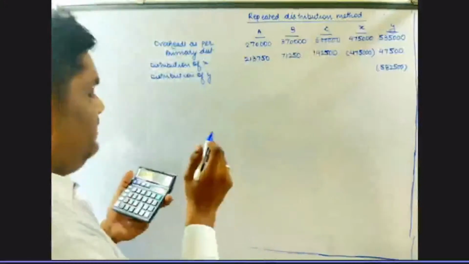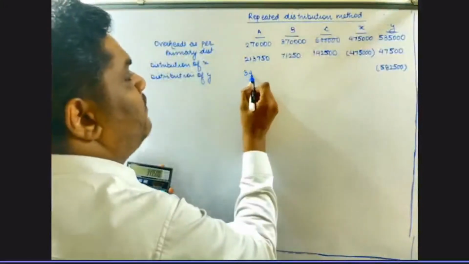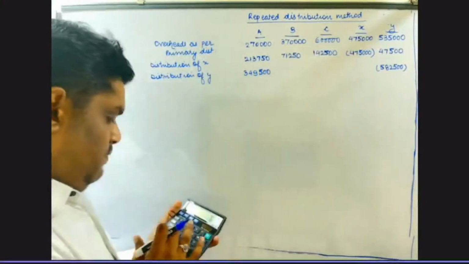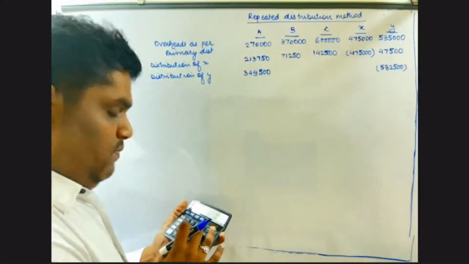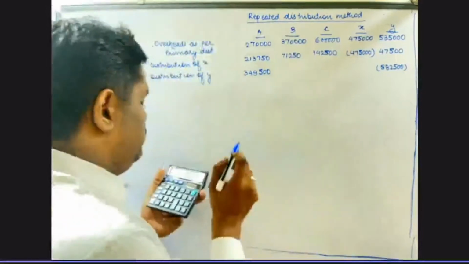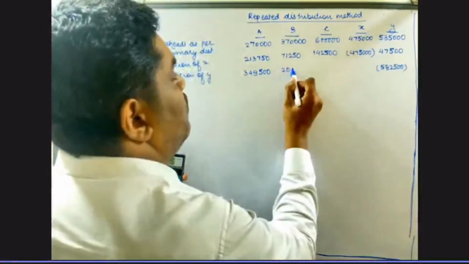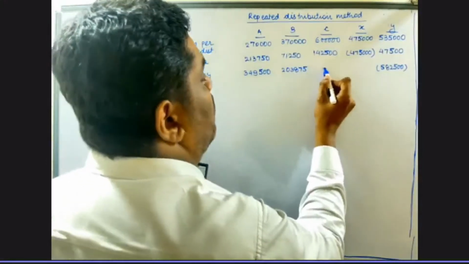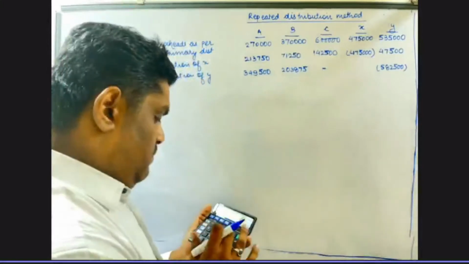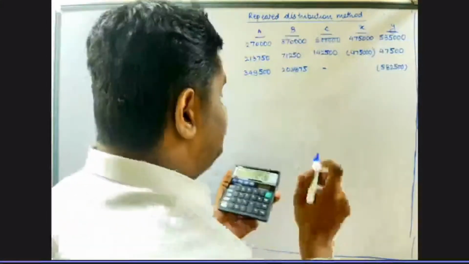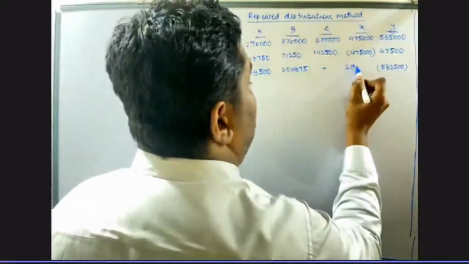So this will be 349,500. 35%, so this will be 203,875. And the balance will be 5%, that is 29,125.